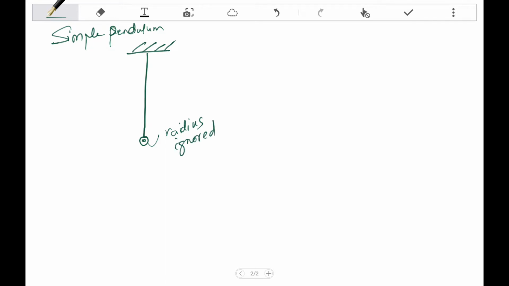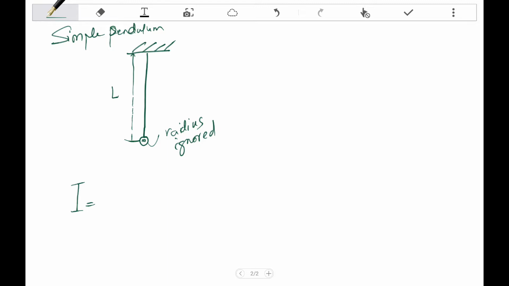So that's the simple pendulum. But then you've got this length here, the length of the pendulum, length L.